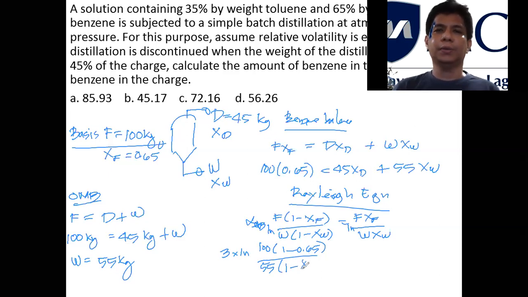XW is unknown. And then F is 100, XF is again 0.65, W is 55, and 1 minus XW is also unknown. Okay? So using your calculator, try to solve XW.